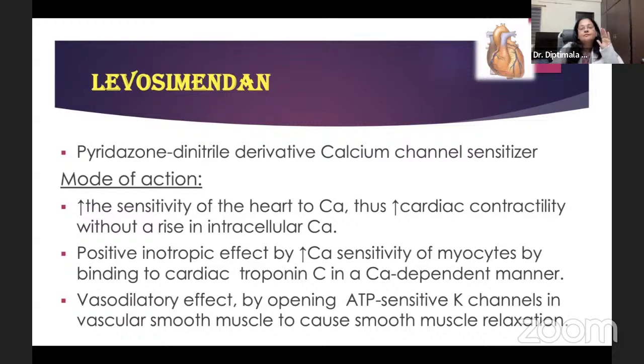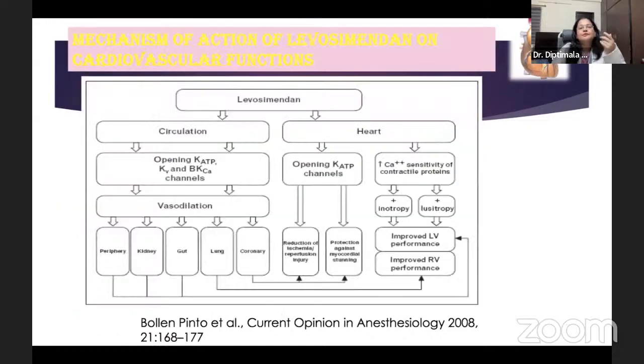This drug is of use in a patient of CHF, congestive heart failure. It has limited or rather no role in a patient of septic shock. So this is how levosimendan acts and its cardiovascular functions.